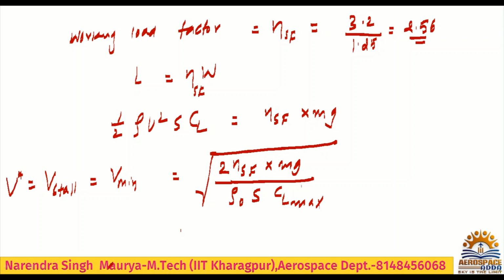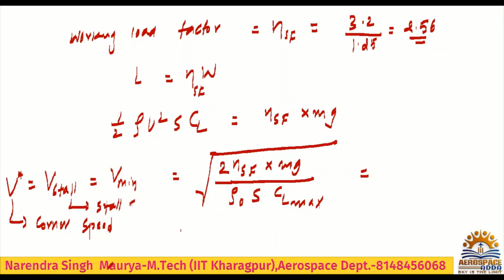Now it is clear, because CL max they have given, it means obviously everything, like you have calculated safe working load factor, mass is constant, G is constant, density and area are constant. So if it is CL max, velocity you may get minimum. This velocity is also called corner speed, and obviously this is also called stall speed.